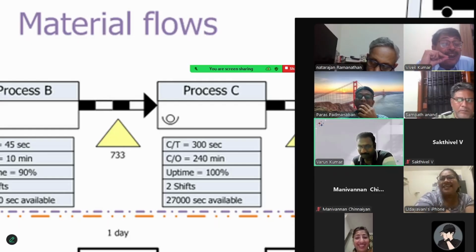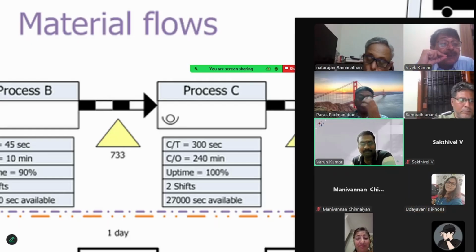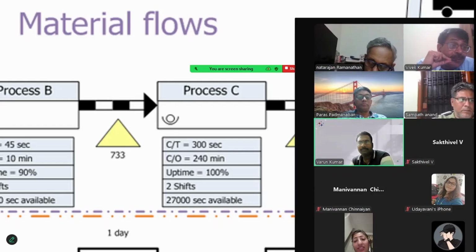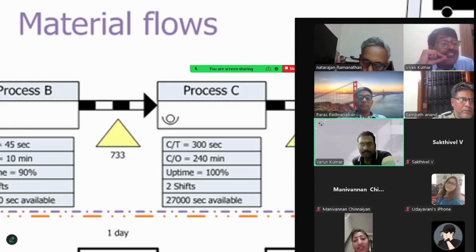So, my dear friends, can you now see that it is a much more influential, much more insightful tool that helps you understand not only the sequential process stages, but exactly how every process stage is behaving.